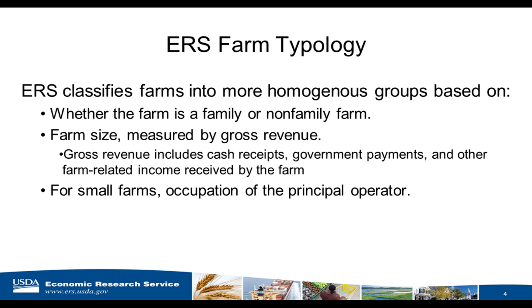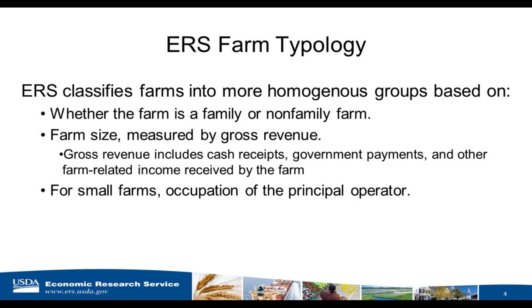So the diversity of farms leads us to the ERS farm typology. This helps us classify farms into more homogeneous groups based on similar characteristics. First, we determine whether a farm is a family farm or a non-family farm. Then we break out family farms based on farm size, measured by gross revenue.